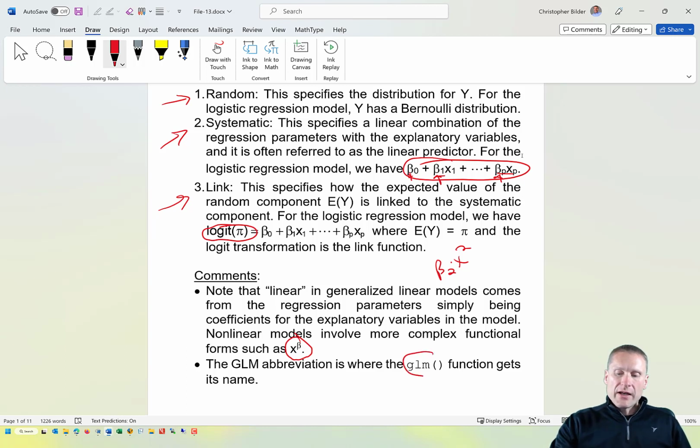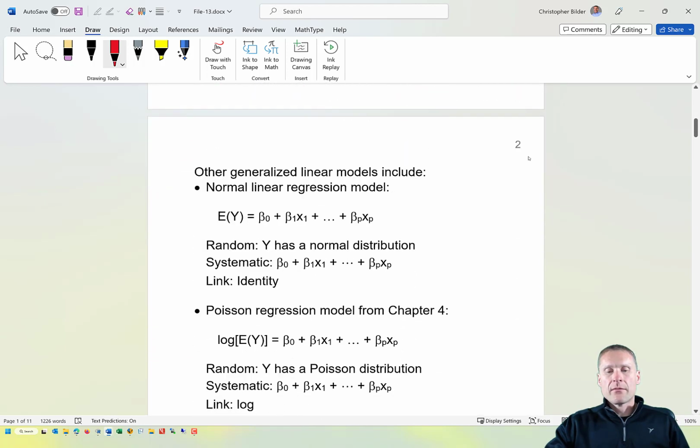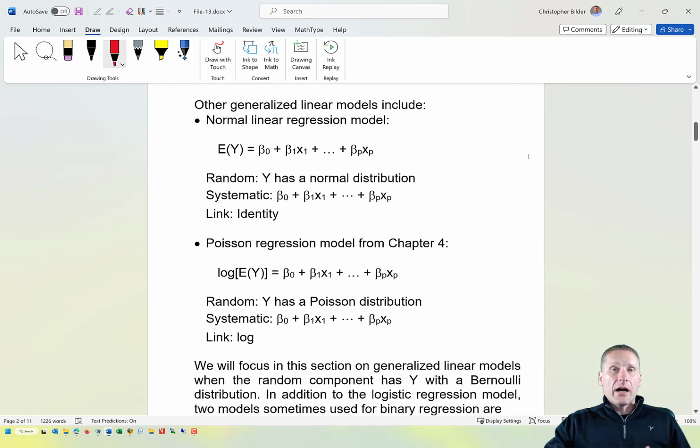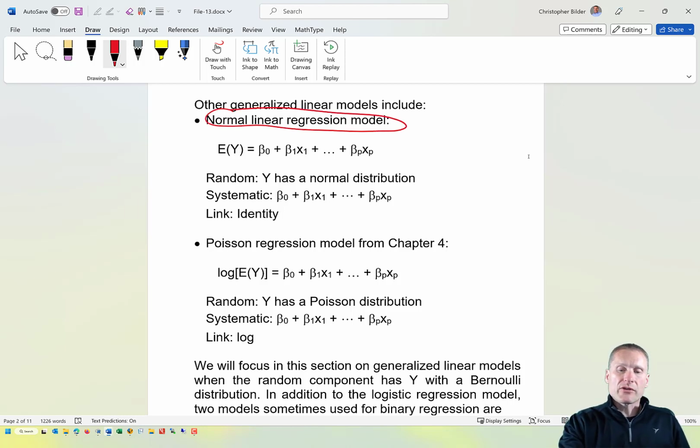Now the glm function gets its name from this abbreviation of GLM for generalized linear models. There are many other types of generalized linear models in addition to a logistic regression model. All of you are familiar with one already, the normal linear regression model.